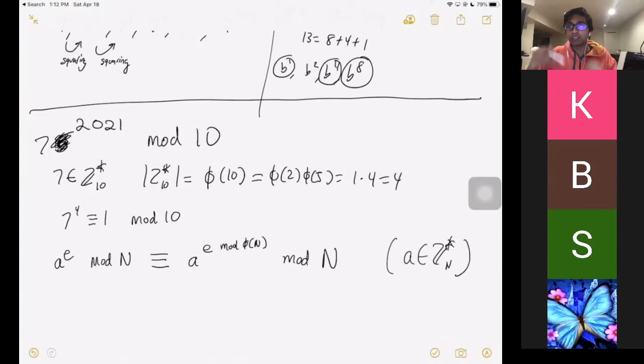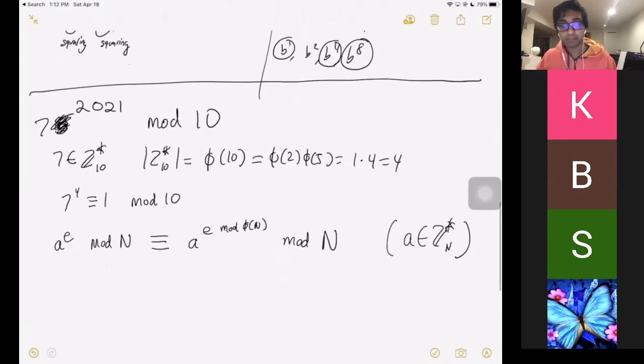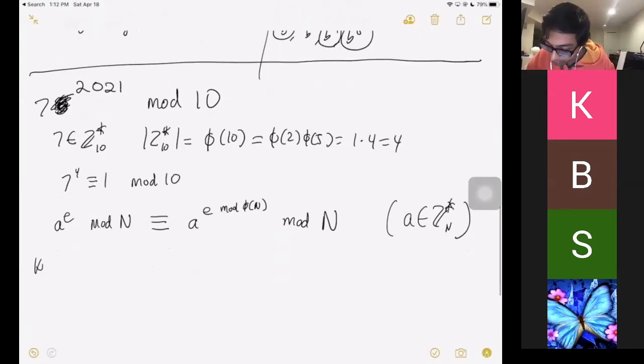A to the 1 is the same thing as a to the phi of n plus 1. A to the 2 is the same thing as a to the phi of n plus 2. So whenever I'm dealing with exponents inside a group, I can think about that exponent as being reduced in the phi of n universe. Cool. So the key takeaway is that exponents live in phi of n universe.